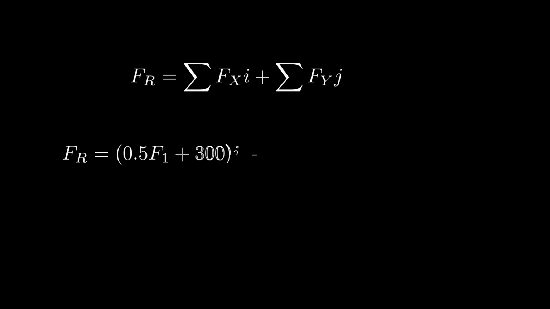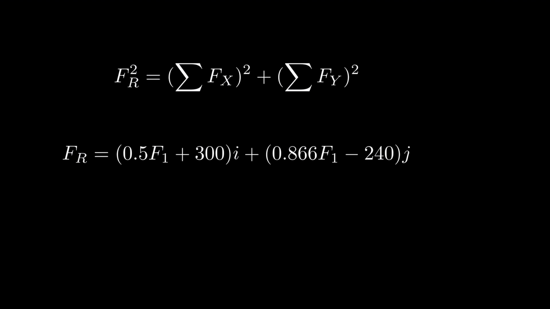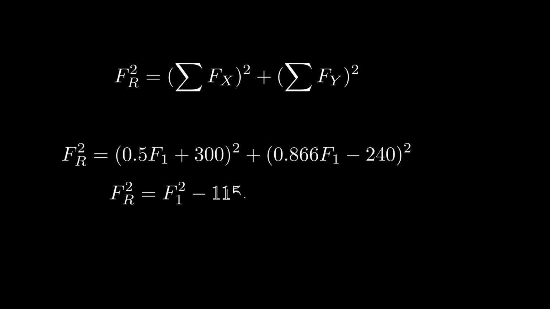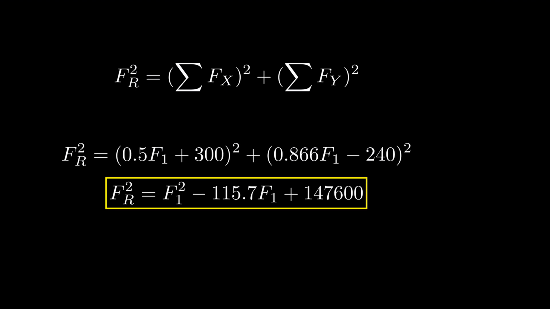For the magnitude of the resultant vector, we take squares. As you can see, after simplifying the equation, we get two unknown variables.